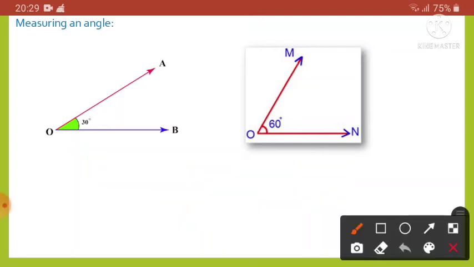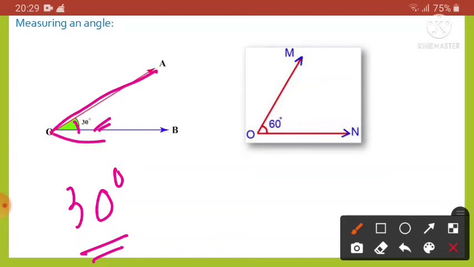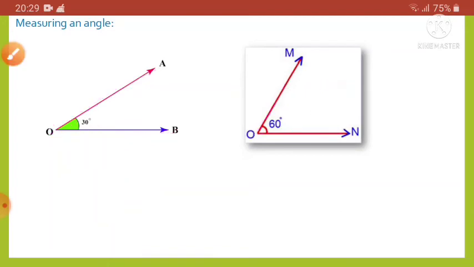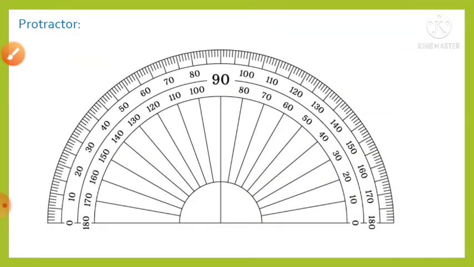As you can see, here the measurement is 30 degrees. So angle AOB is equal to 30 degrees. Here MON is 60 degrees. Got it?